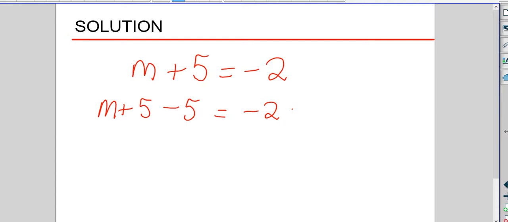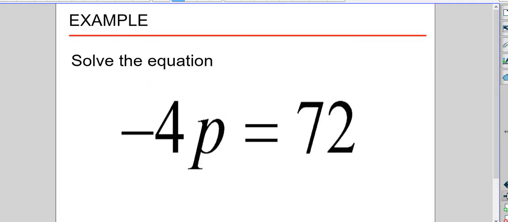What you do to one side, you have to do the other. 5 minus 5 is 0, so we're left with M over here. -2 minus 5 is -7. You could do a quick check: -7 plus 5 is -2. Bingo, bango, bongo, it works.